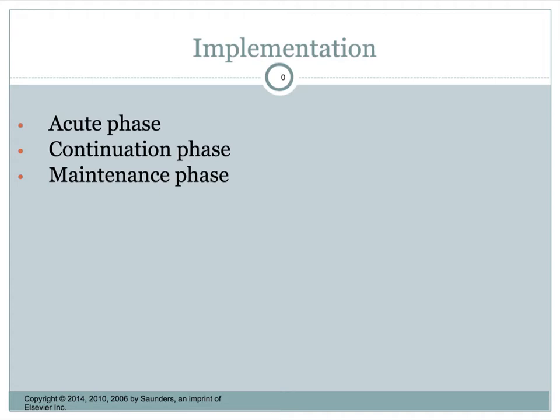During the continuation phase, again, it's crucial that families and the patients prevent a relapse. And so, again, making sure that they are adhering to the treatment regimens and therapies that they're supposed to be going to.